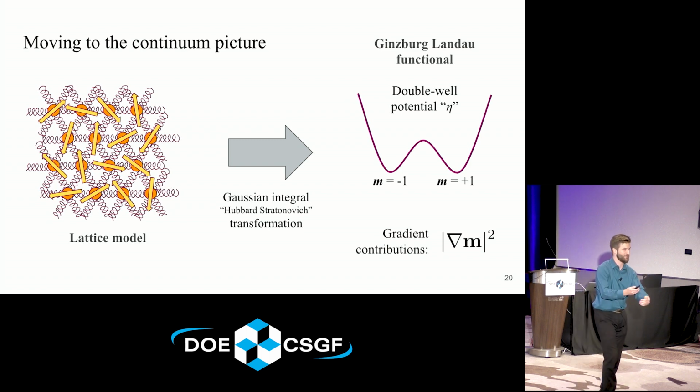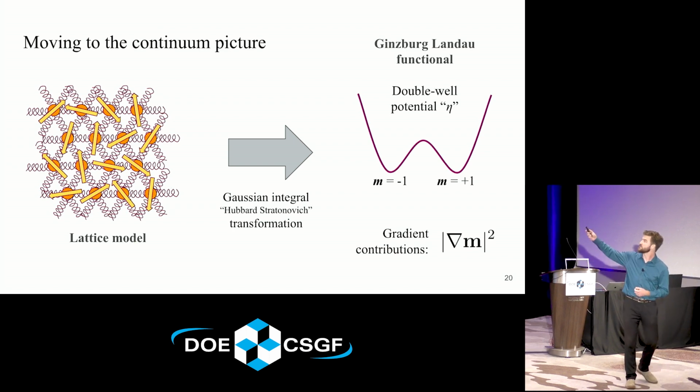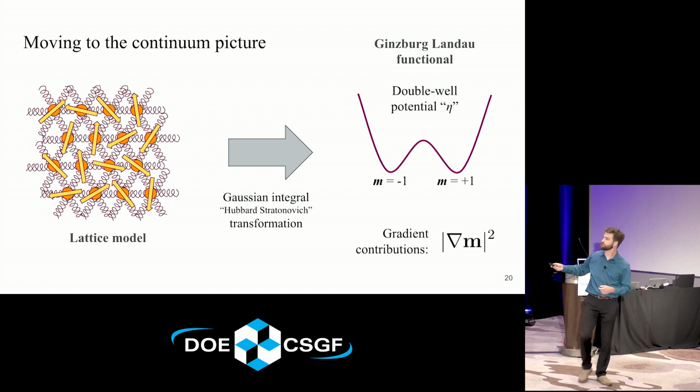So my practicum actually informed my thesis in a nice way, where there's a lot of nice statistical mechanical machinery to go from the lattice model using Gaussian integral transformations, Hubbard-Stratonovich transformation for some of the field theorists out there. We can actually get a Ginzburg-Landau functional, including gradient contributions.